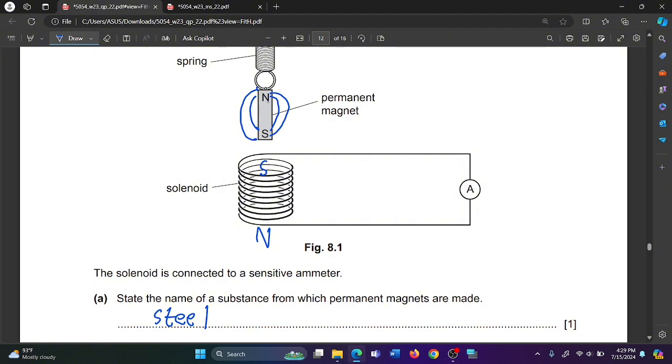So we know, according to Lenz's law, whenever there is a change in magnetic flux, there is a force induced opposing the change, which means if the magnet is moving downwards, a force would be produced, according to Lenz's law, pushing the magnet upwards, because the purpose of the force is to oppose the change in magnetic flux.